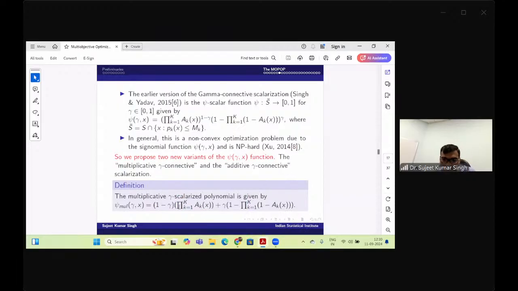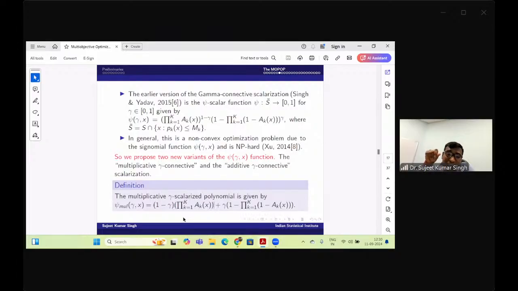But here again you can see this akx is a product of concave functions, and we don't know the nature of the second term here. A product of concave functions is also not always concave. A product of concave functions is concave in some cases only, and I will inform you of that case later.